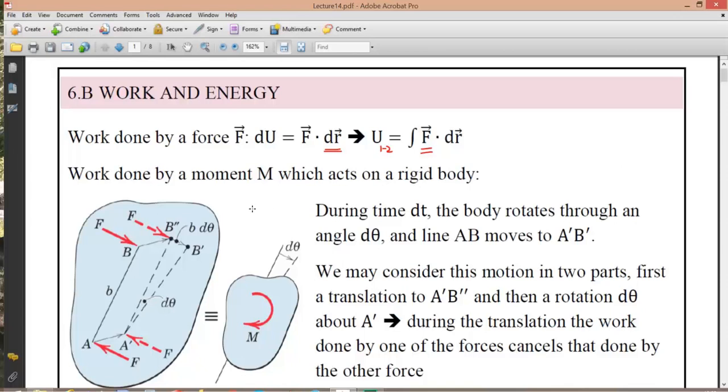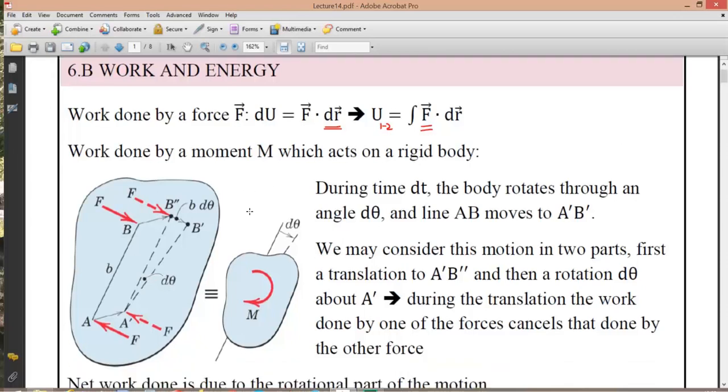However, in rigid bodies, we have such a thing as rotation, and a moment can act on the rigid bodies. Actually, there's nothing as a moment in reality. It's just a force couple. So this is why in this figure we show the formation of a moment by this force couple.